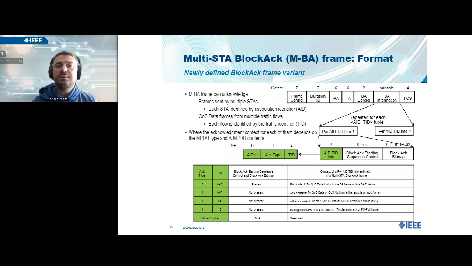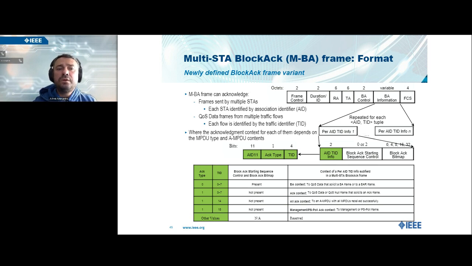So these tuples can identify one particular station and the particular TID of that station. So you can have different block ACK information bitmaps, if you will, for multiple stations and for multiple TIDs. So you can use this multi-state block ACK frame for uplink MU data operation, for multi-TID AMPDU acknowledgement, and a combination of both.